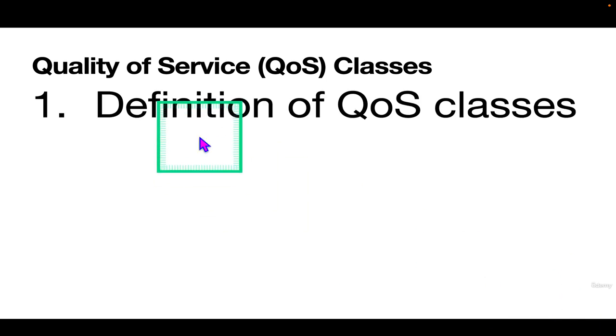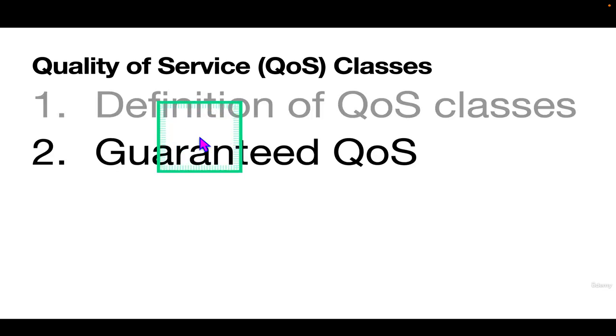So, definition. QoS classes are categories that Kubernetes assigns to pods based on their request and limits configurations, influencing their scheduling and eviction priorities. Guaranteed QoS is assigned to pods with equal requests and limits for all containers, ensuring consistent performance.